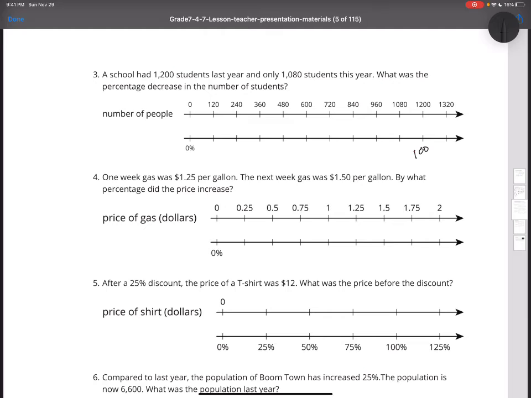Now, if you notice, how much is each line decreasing by? Each line seems to be decreasing by 120. Now, I need to figure out what would be 120. How can I figure out what that percentage is?